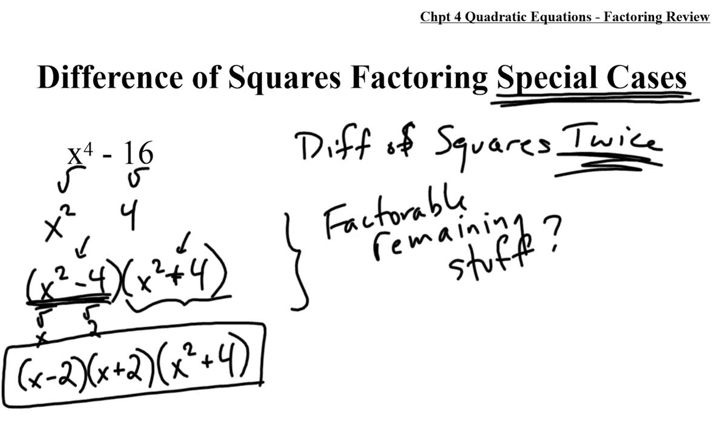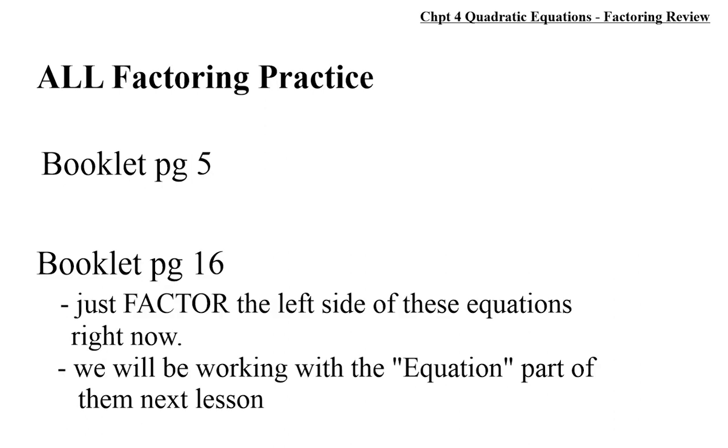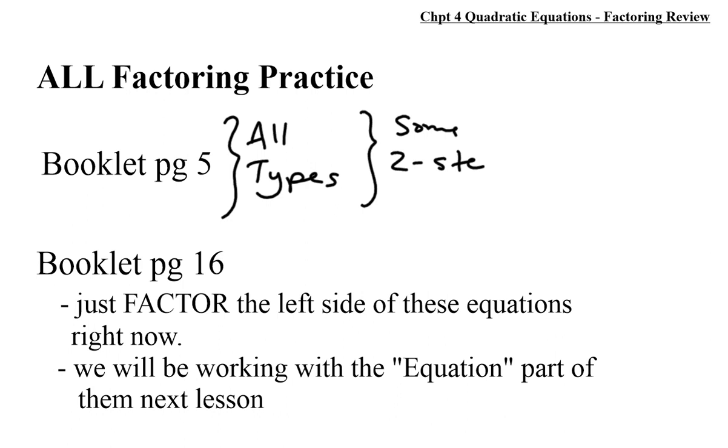So lots of information. Difference of squares factoring, booklet, page 14. Great section. But along with that, all factoring practice, booklet, page 5. Whole bunch of random questions, all types. So all types of factoring are in there. You have to figure out which type to do. Also, some of them are going to be two-step factoring.